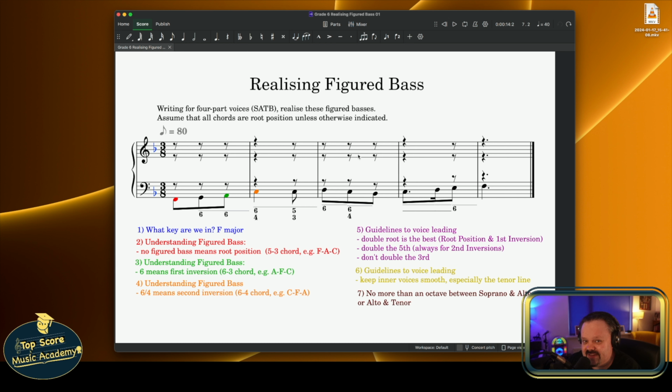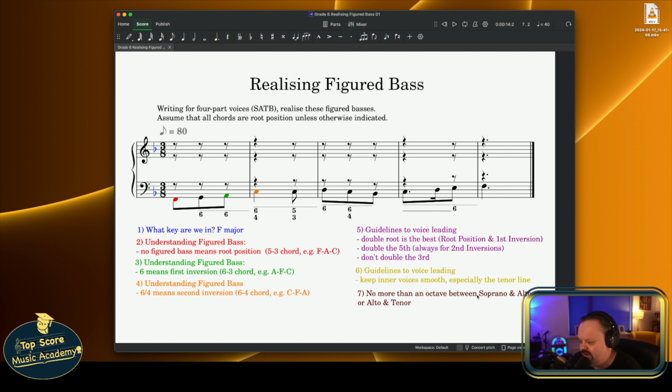The tenor line especially, try to make it as static as possible so it doesn't move much at all. And if it does move, then it moves by the smallest distance possible between one chord and the next chord. So keep your inner voices smooth. You shouldn't see any wide or huge leaps in the tenor voice or in the alto voice, jumping up all over the staff. Try to keep it nice and monotonous, I suppose.